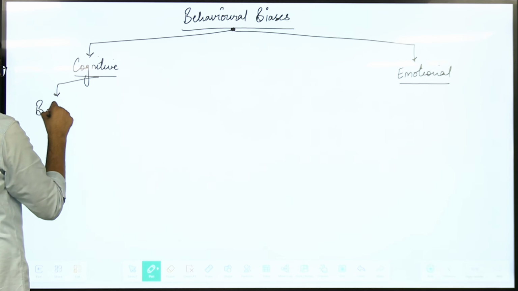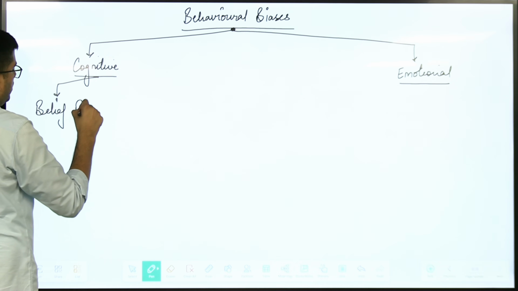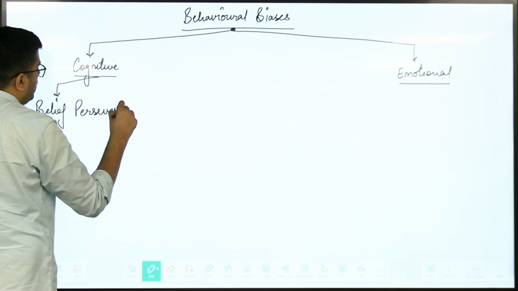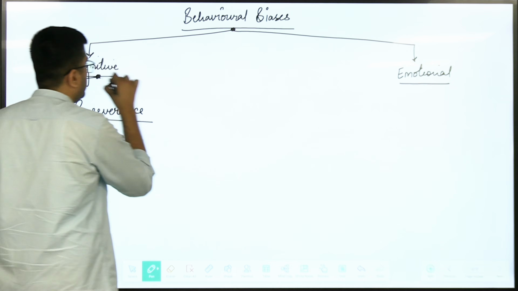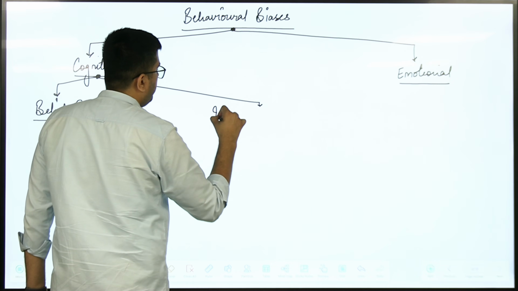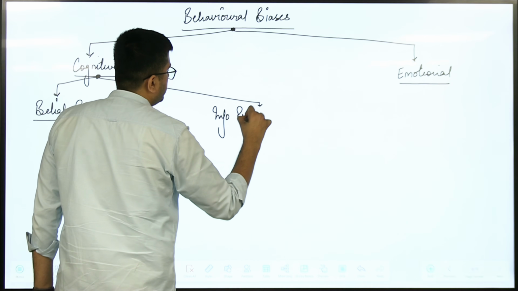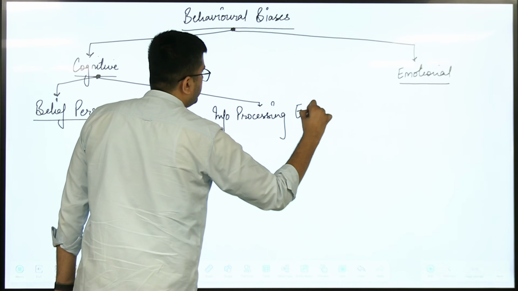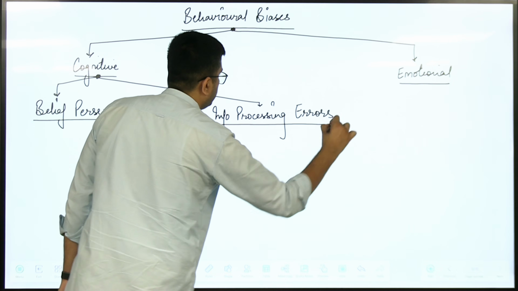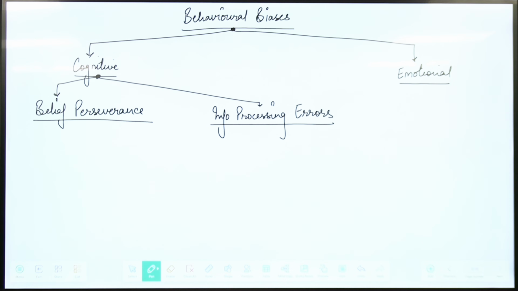One is belief perseverance, and the other is information processing errors. Belief perseverance means that once you form a belief, generally you're not willing to change it too much. So let's start with each category one by one.